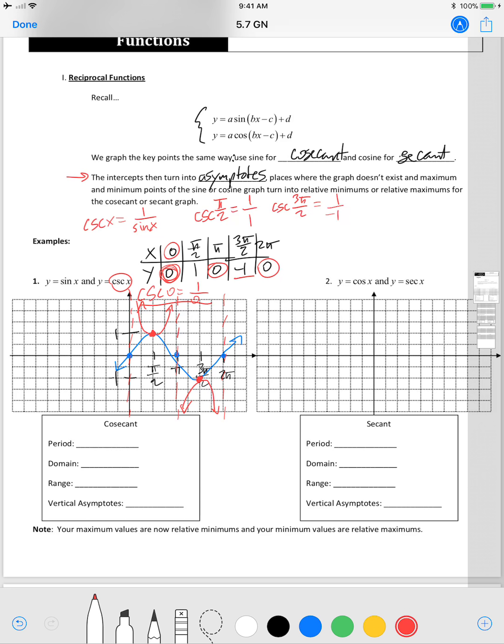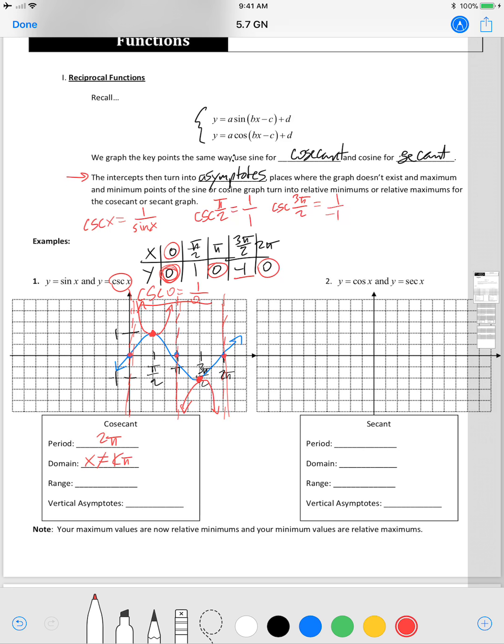That's basically it. Now if we want to look at the period, it still takes me 2 pi to repeat one entire graph of the cosecant. My domain is all real numbers except x cannot equal these values where it's an x-intercept. So each pi.